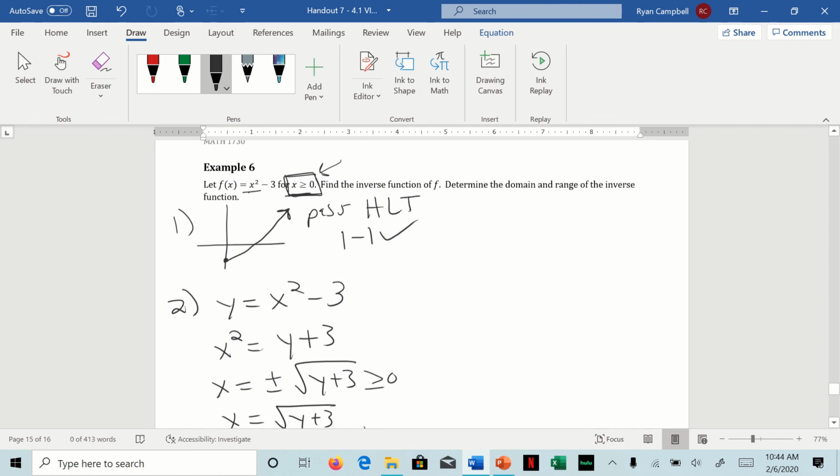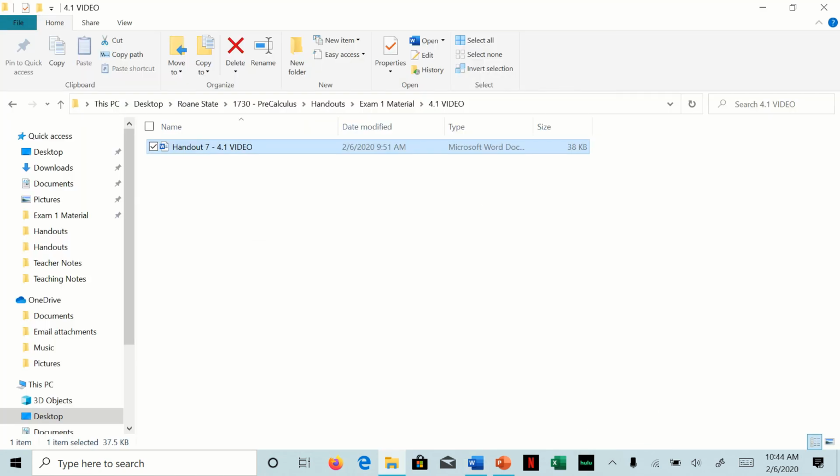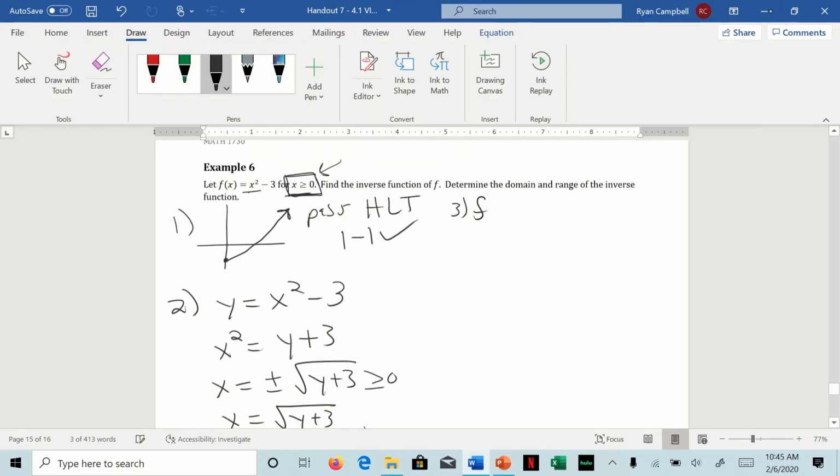Good. This is an easy one to verify. We can put f of the square root of x plus 3. That's the square root of x plus 3 squared minus 3, which is just x plus 3 minus 3, which is x.